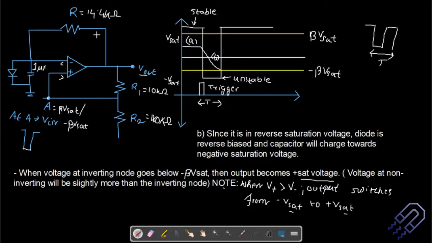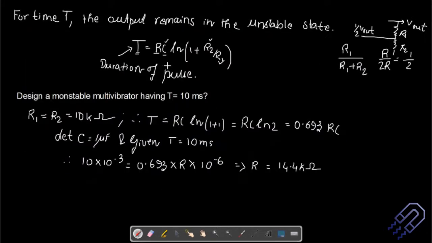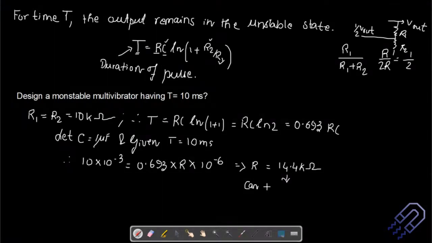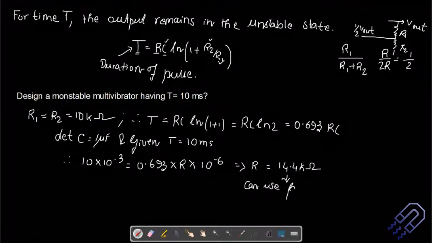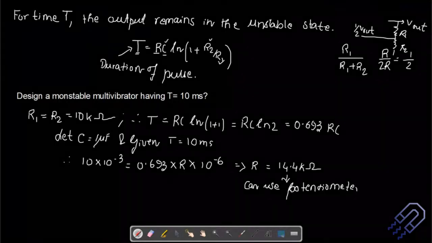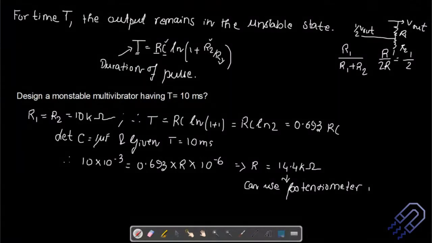And how do we make a resistor of 14 kilo ohm? How do we adjust it? Because we can have different values of resistor depending on the capacitor, we basically use a potentiometer system. There are different ways of designing such circuits. We can use a potentiometer of, let's say, 20 kilo ohm, and adjust accordingly for 14.4 kilo ohm.